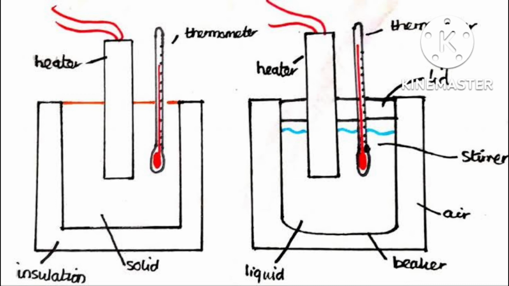Then you have to correlate with delta H. You know that delta U is equal to delta H minus delta n RT.